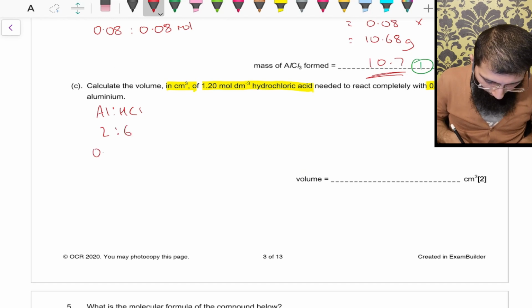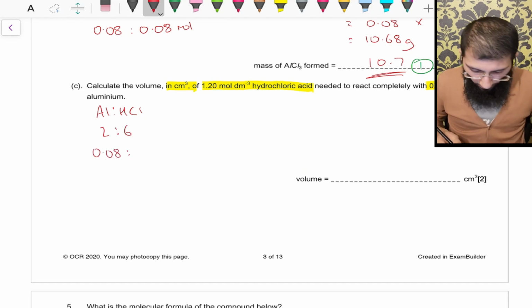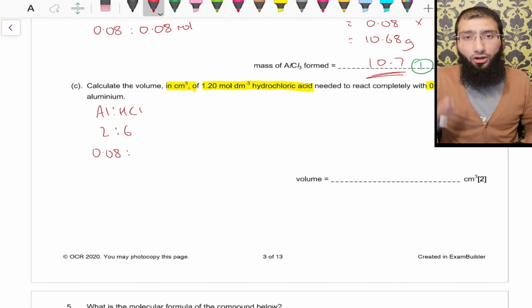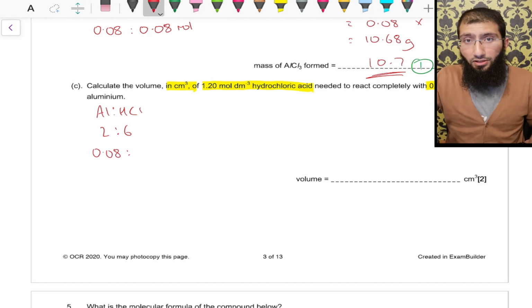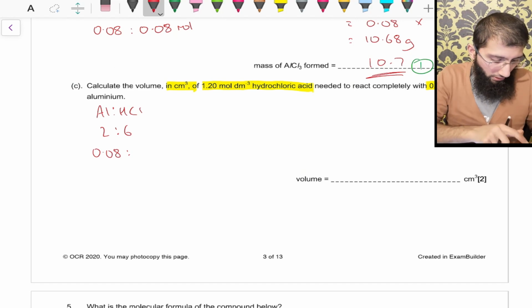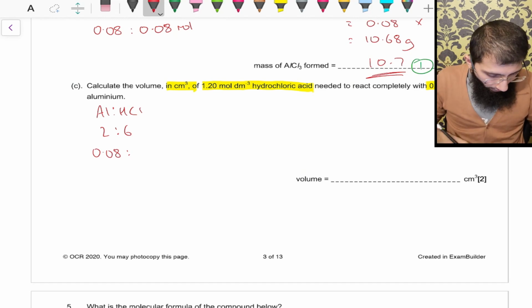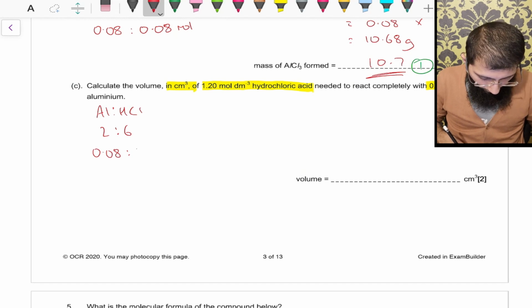I know I'm starting off with 0.08 moles, so to work out the moles of hydrochloric acid, to go from 2 to 6, we need to multiply by 3. So I'm going to do 0.08 multiplied by 3, and we've got the theoretical number of moles that ought to react completely with 0.08 moles of aluminium.